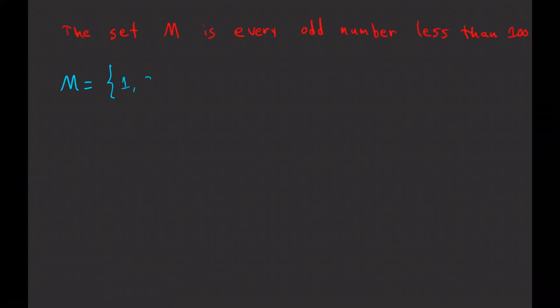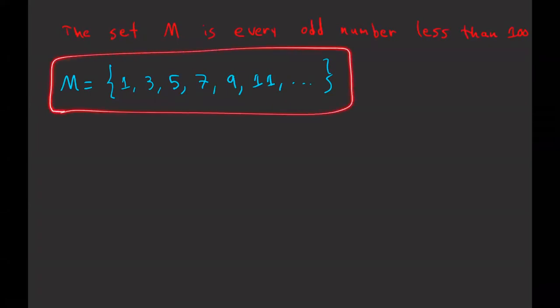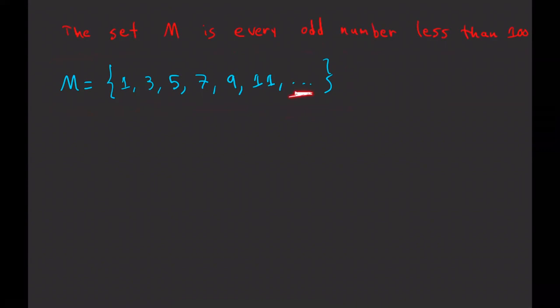So 1, 3, 5, 7, 9, 11, and you could keep on going. But I don't want to do that, because that's just going to take me a long time to continue writing. And I also want to be careful, because if I box my answer as something like this, these dots are implying that this thing goes on forever, and it doesn't, because I have to be less than 100. So this right here is really just bad. Don't do that. It would be a lot cleaner to write the following.